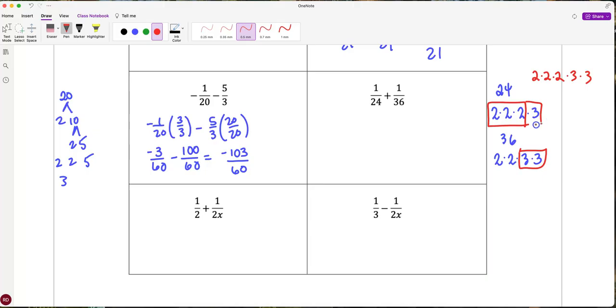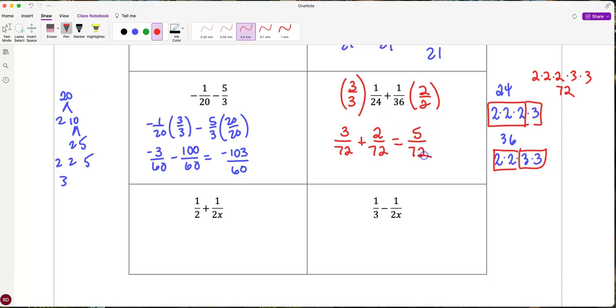And then it will satisfy both of these other conditions. So that common denominator is 72. So this needs to be multiplied by 3 over 3 and 2 over 2. So this gives me 3 over 72 plus 2 over 72 equals 5 over 72.